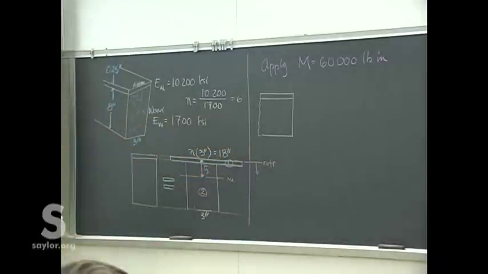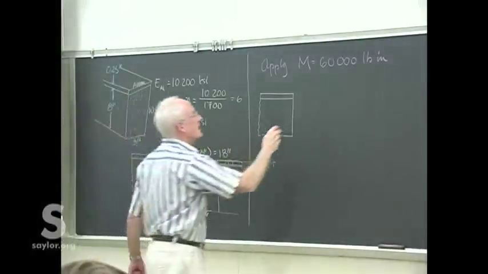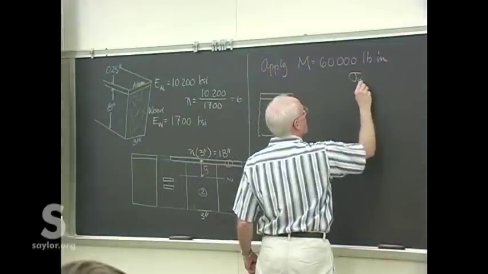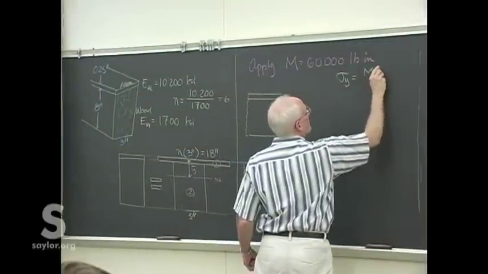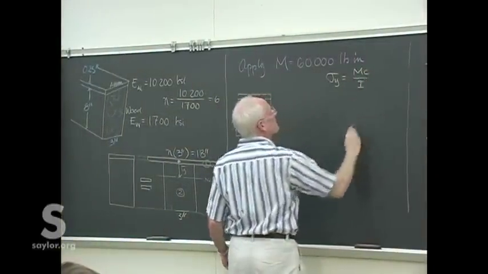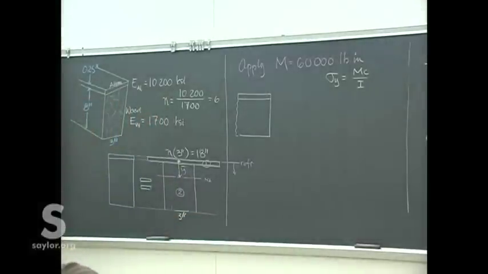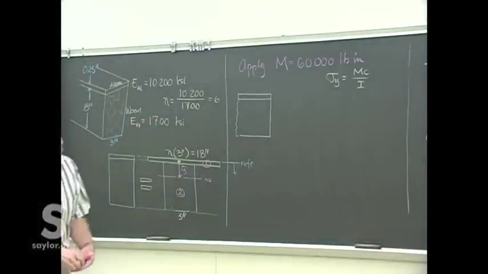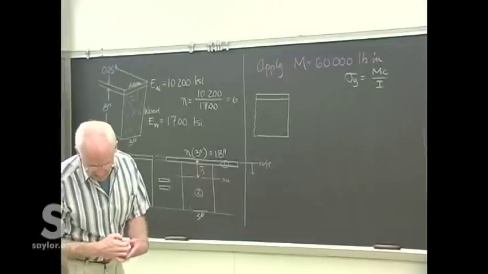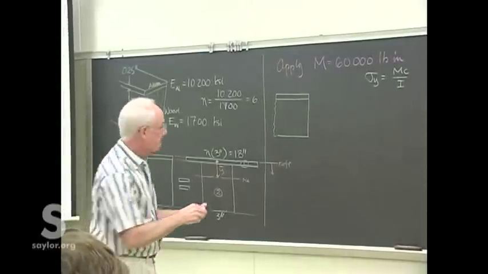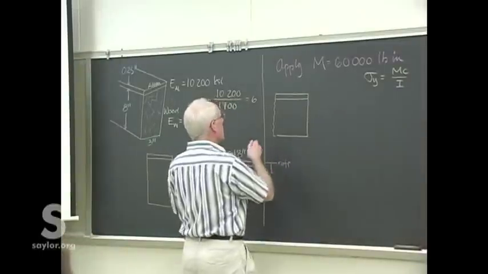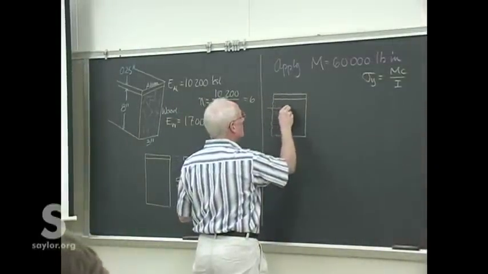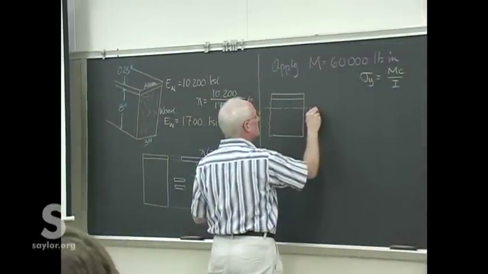Now we've got all the things we need, because remember the stress is a factor of that moment of inertia. But here's the little piece we need to be careful with. We now know the neutral axis to be right about here somewhere.